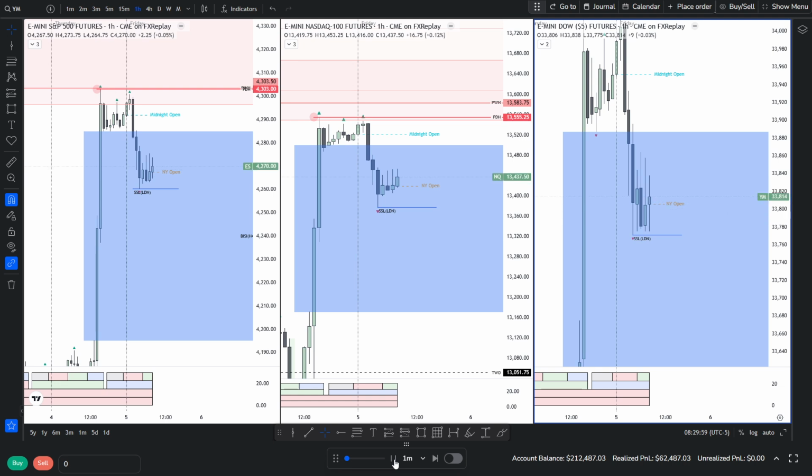So here comes the news embargo. There shouldn't really be any volatility here, which there isn't. Market is in a consolidation inside the range, so really nothing to do.